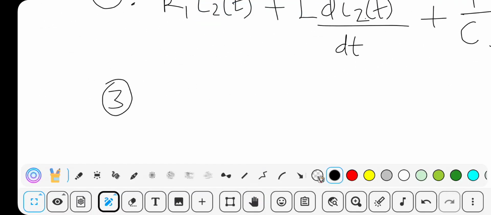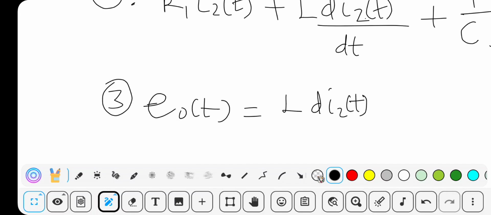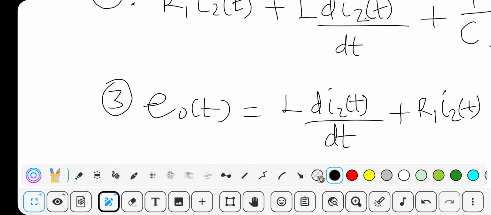And equation 3 will be equal to L dI2 over dt plus R1 I2 of t.